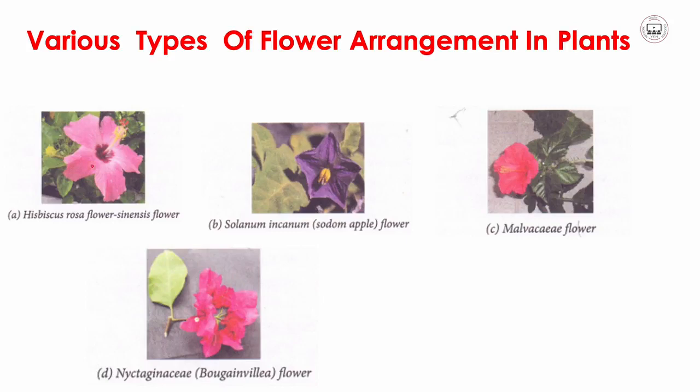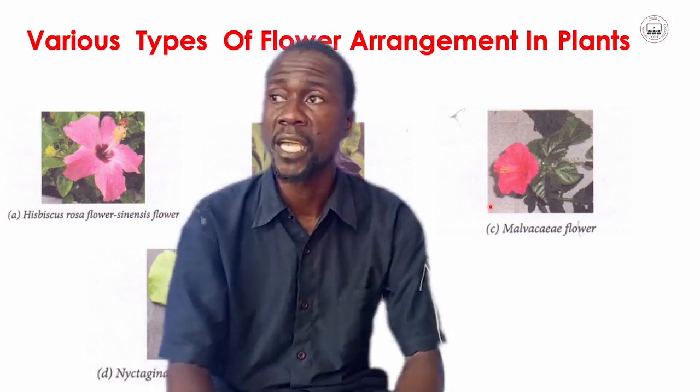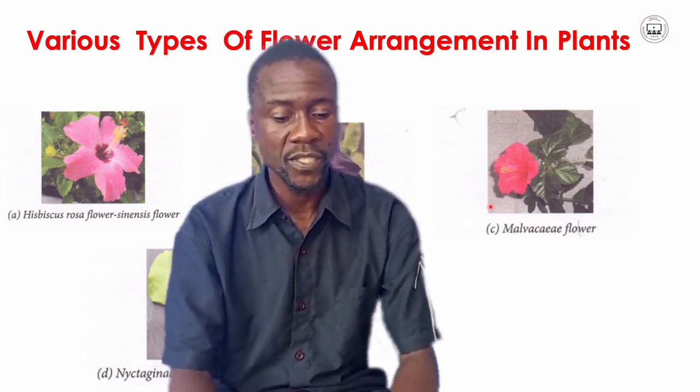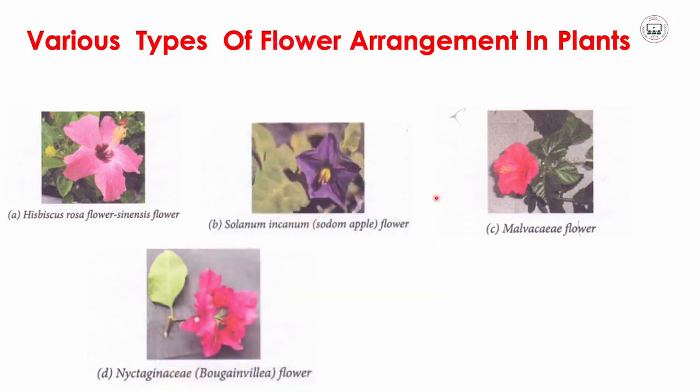These are some of the flowers we can see from flowering plants, just to show you very few, but there are so many kinds of flowers in your environment. You can observe them closely, and these could be examples of flower arrangements in plants.